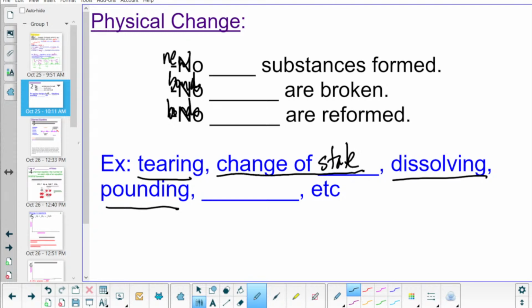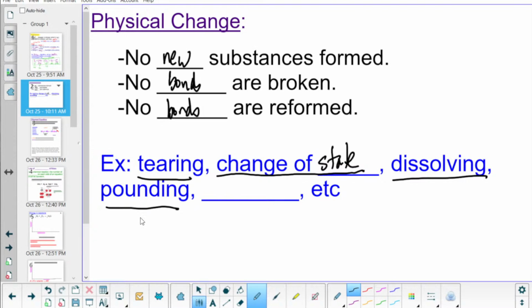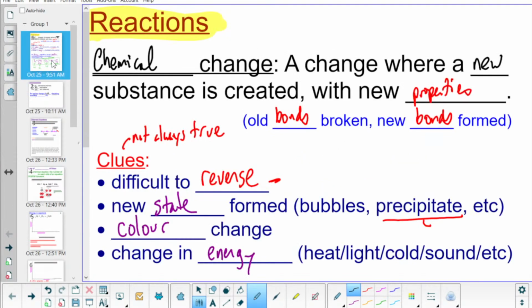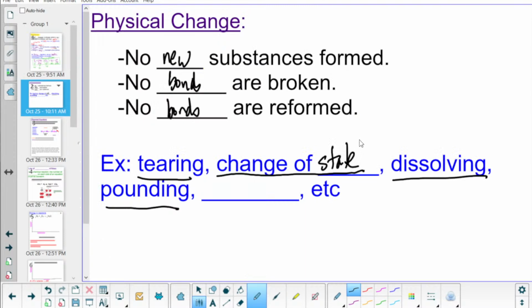Over here we said a new state forms: you get bubbles, or a precipitate. A precipitate is a solid. But over here, a change of state, if freezing or boiling, you get a gas being formed, or a new solid being formed.